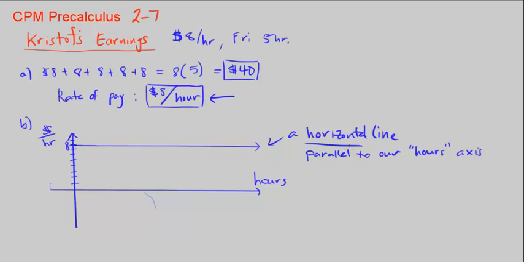Alright, let's go into part C. The area under your graph should be a rectangle. We didn't mark this yet, but this is hour 1. This is his starting time. Hour 2, hour 3, hour 4, hour 5. If we're looking just at his Friday night shift for 5 hours, we know he stops here.